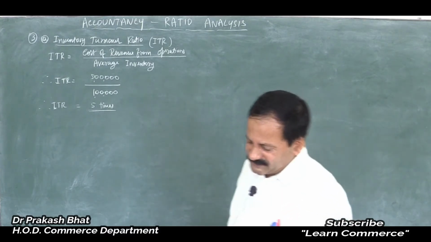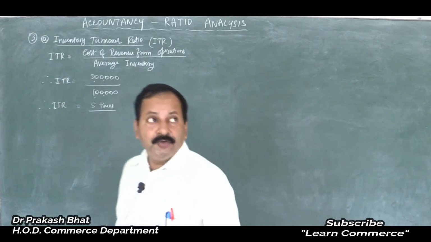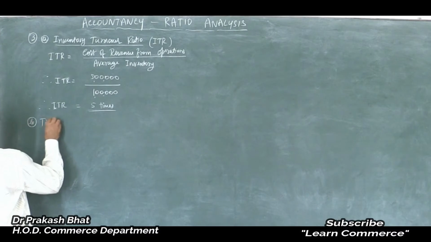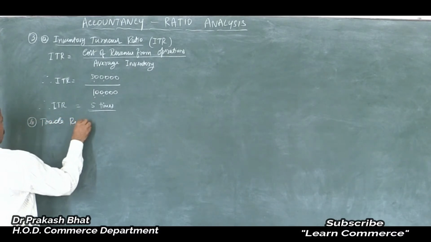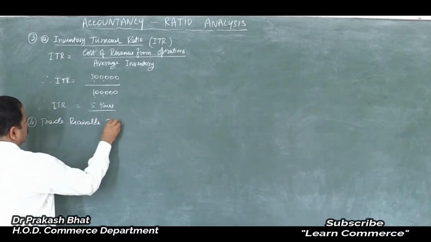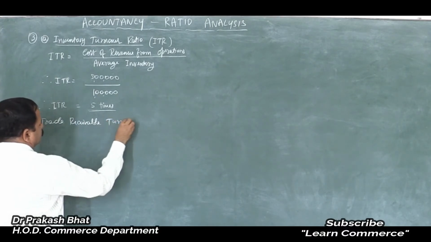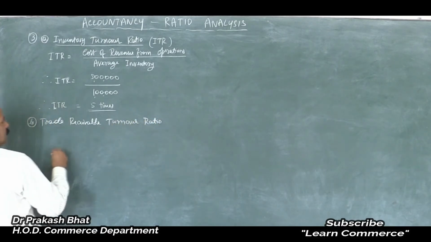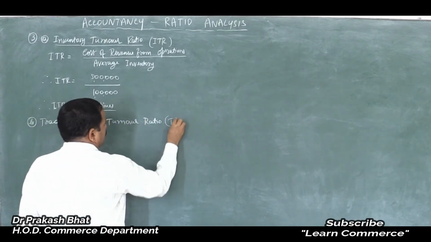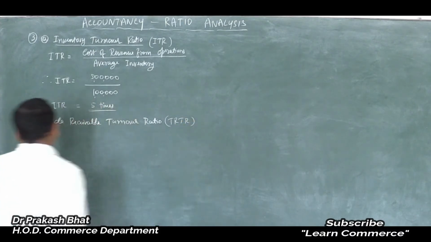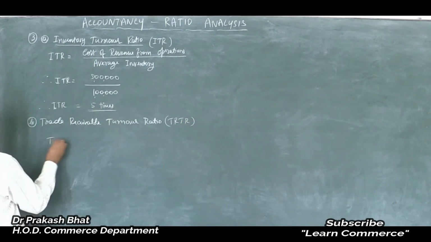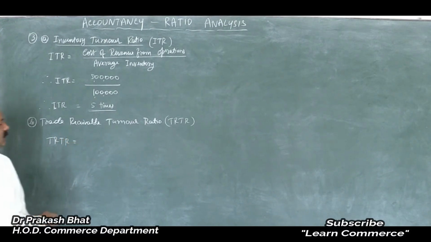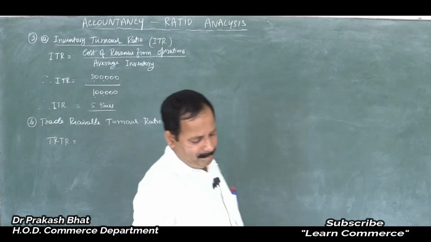Now let us move on to the second ratio, trade receivable turnover ratio. Second one, point B, trade receivable turnover ratio. That is a trade receivable turnover ratio is equal to what? What is the formula?